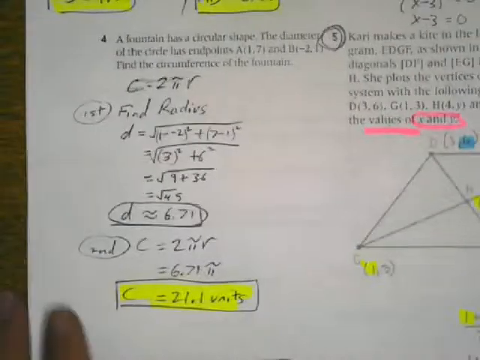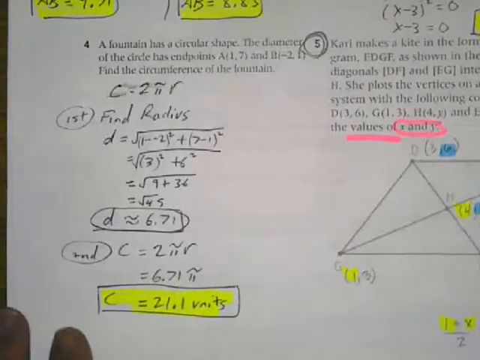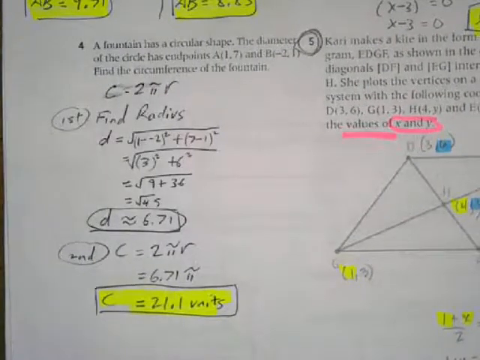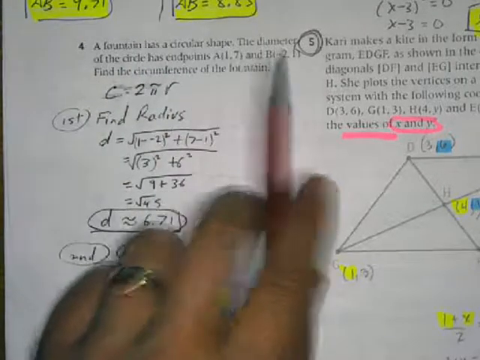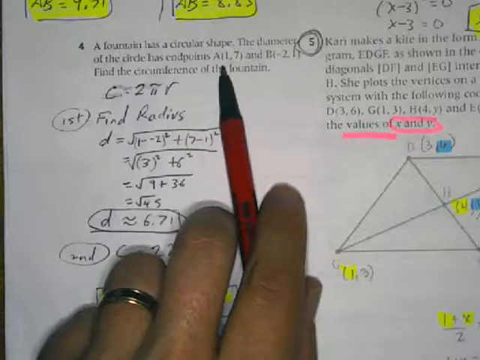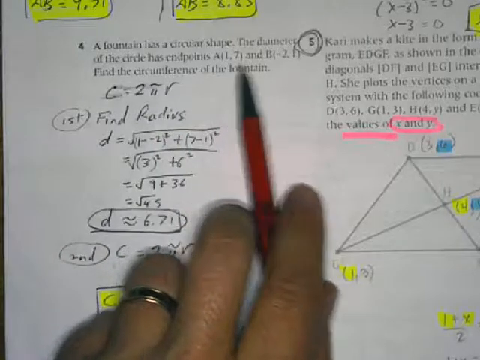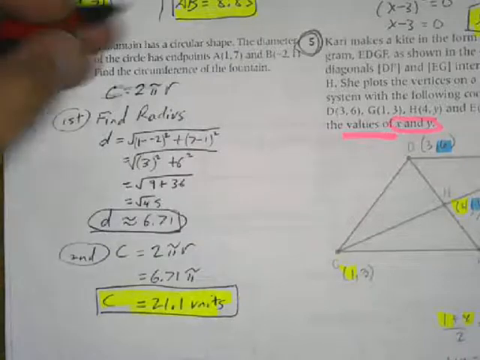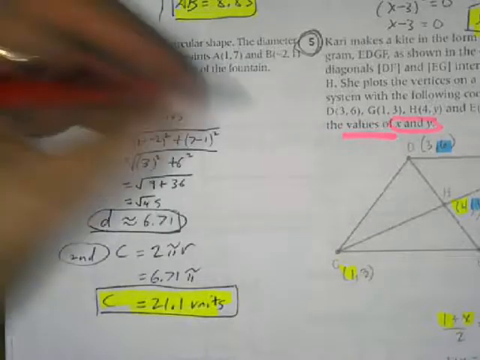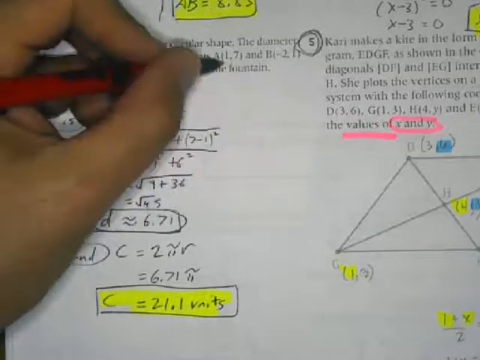Let's look at number 4. Okay, we've got a formula for a circular shape. The diameter of the circle has endpoints at (1, 7) and (negative 2, 1). Find the circumference of the fountain. I'll draw a picture.